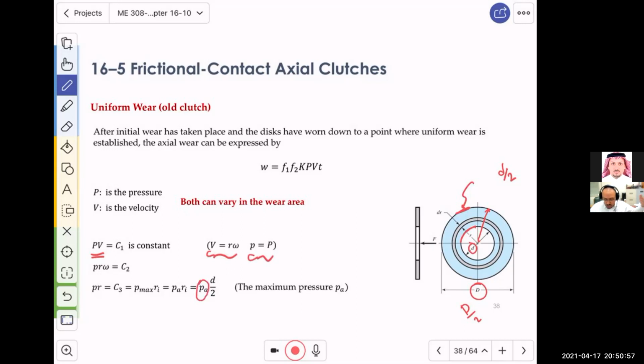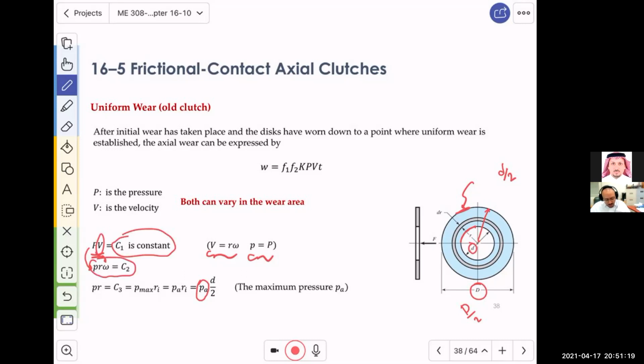So PV can be substituted, P capital by small p, and velocity can be substituted by omega r. Remember, PV here is constant, so we call it C1. This one is also constant. To make it different, we said this is C2.